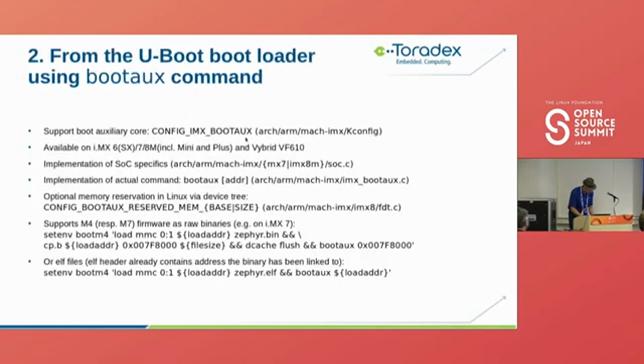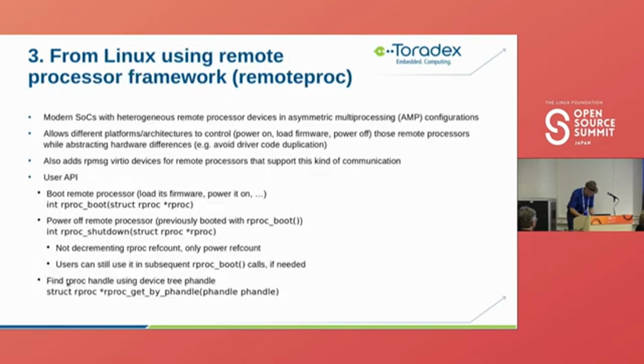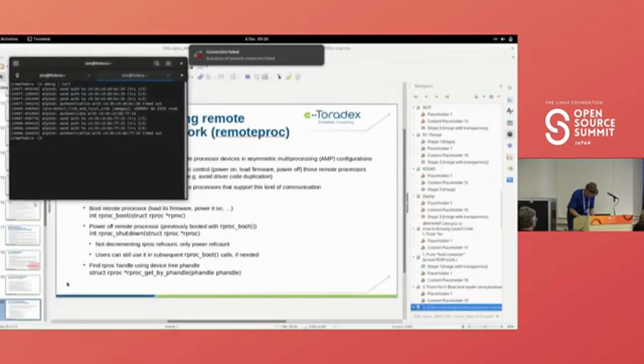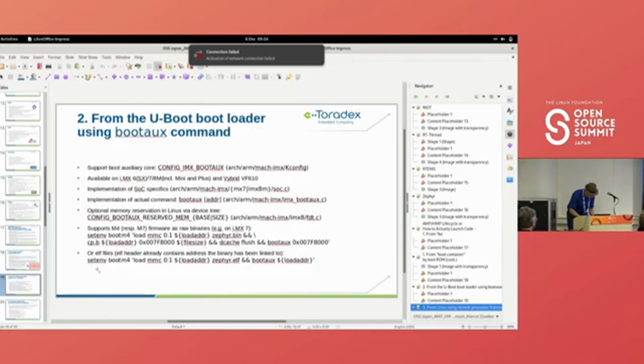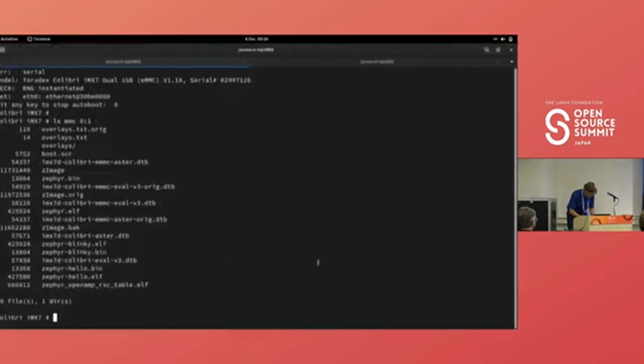We can start with that one here. So from U-boot with the bootaux command. As I'm a little bit lazy, I'm going to use the ELF file one, which usually anyway makes much more sense. I guess I might have to go here to actually select it. So I can do that one here.